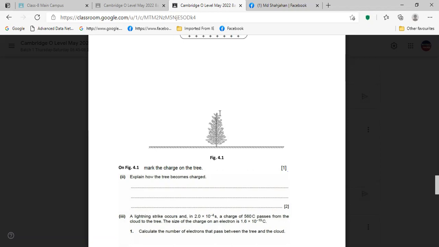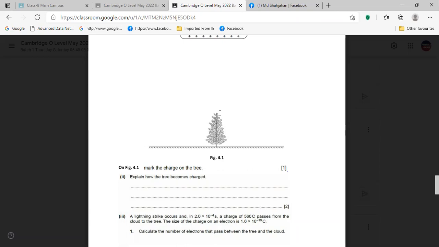So what can we say about this? The electrons are attracted by the positively charged cloud, isn't it? Yes, sir. So electrons are coming from the ground to the tree, and why are they coming?